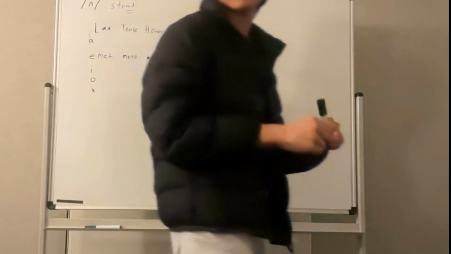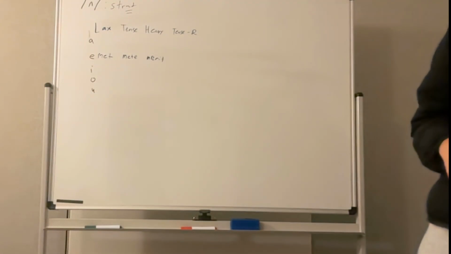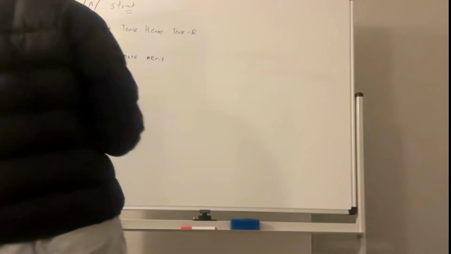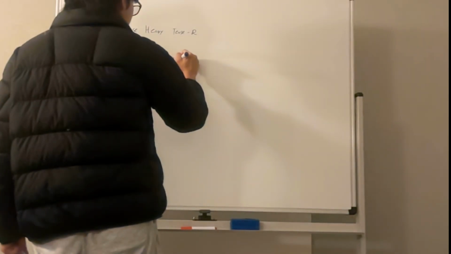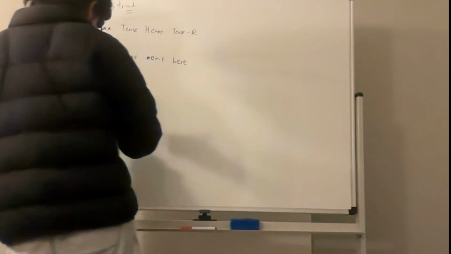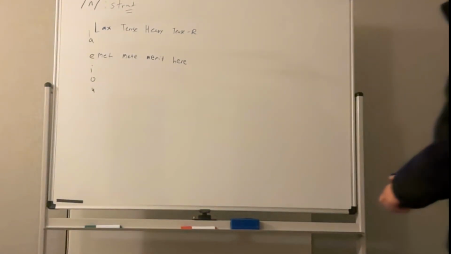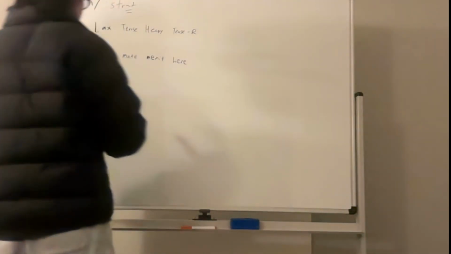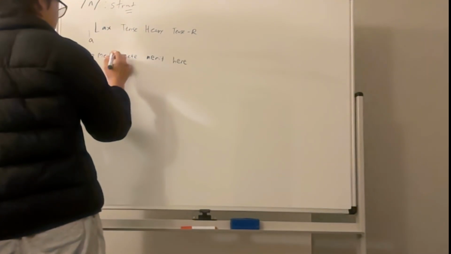Merit. And tense R vowels are followed with an R and then an E. Here. Right? So I will underline letters that change the vowel.